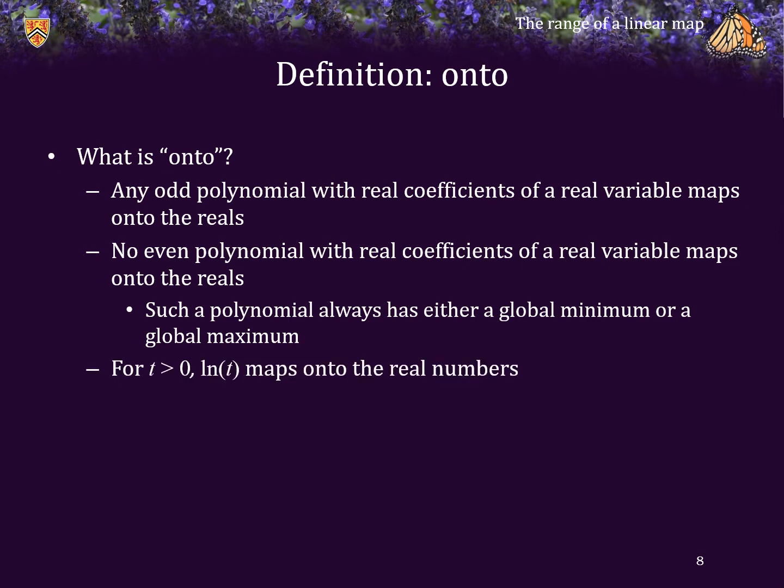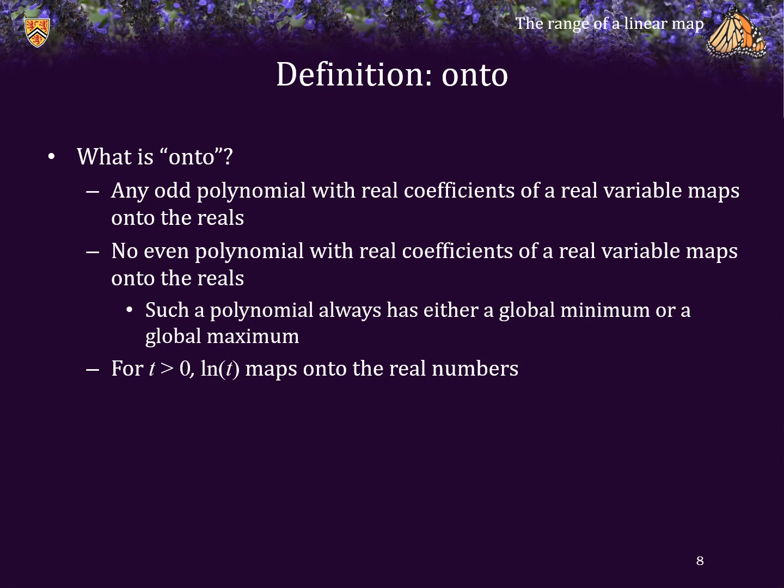Now, if t is greater than 0, then the function ln of t maps onto the real numbers. So just imagine ln of t for t greater than 0. You will notice that it doesn't matter what value you take, you can always find a t such that ln of t equals that value.